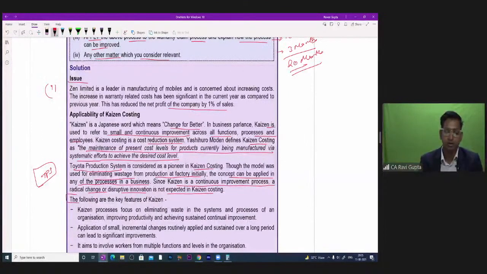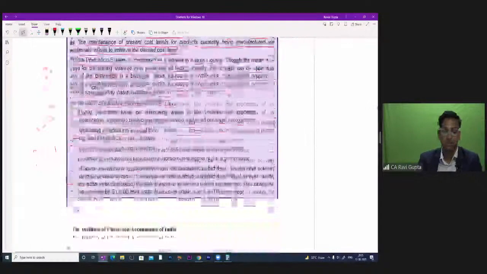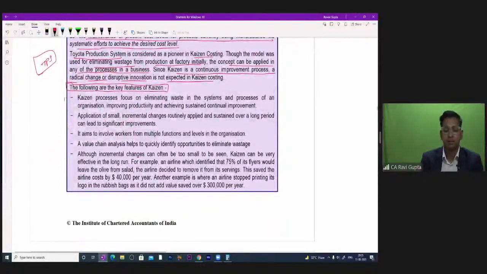The following are the key features of Kaizen. Number 1, the Kaizen process focuses on eliminating waste in the system and processes of an organization, improving productivity, and achieving sustained and continual improvement.